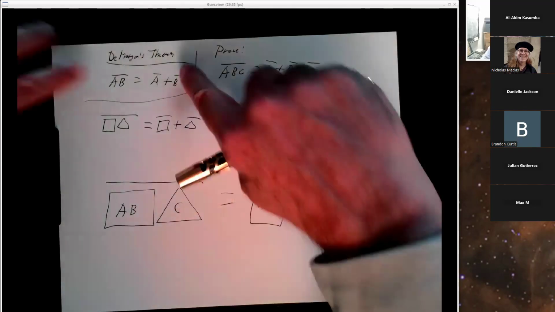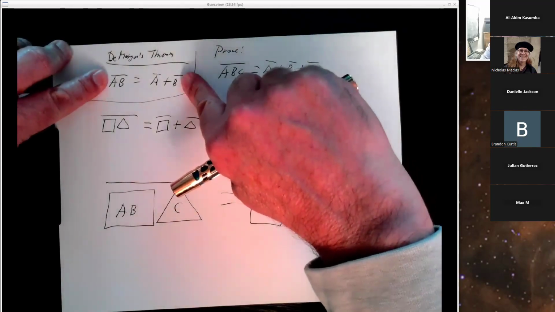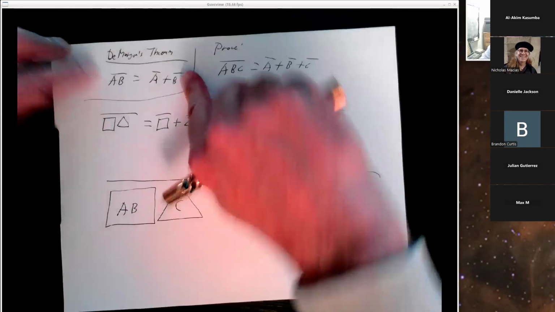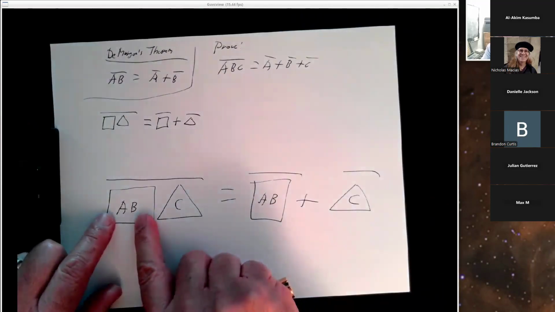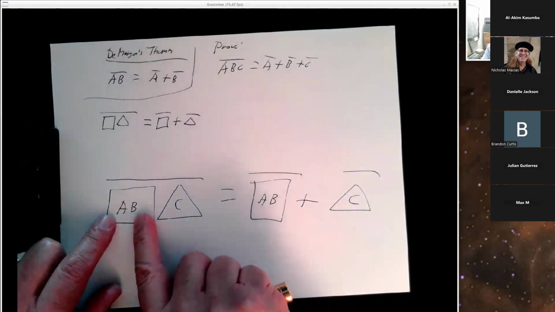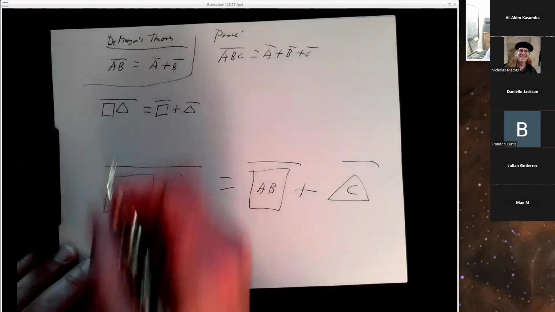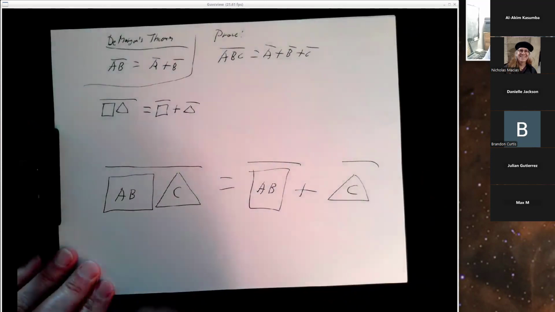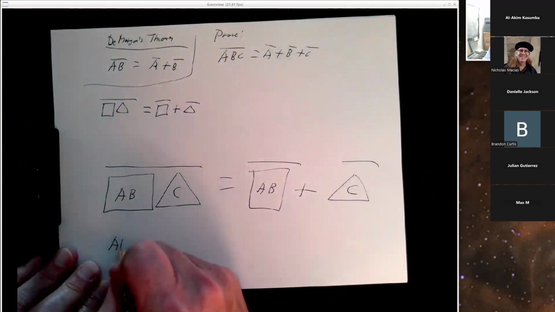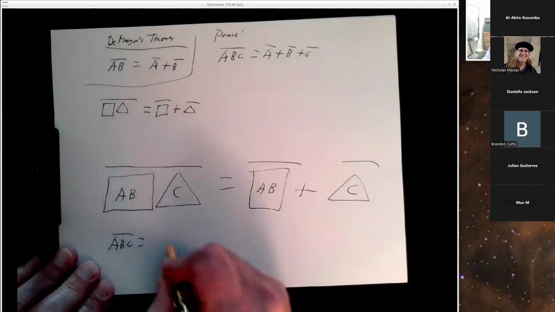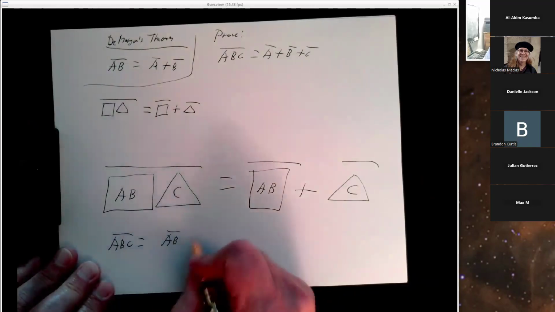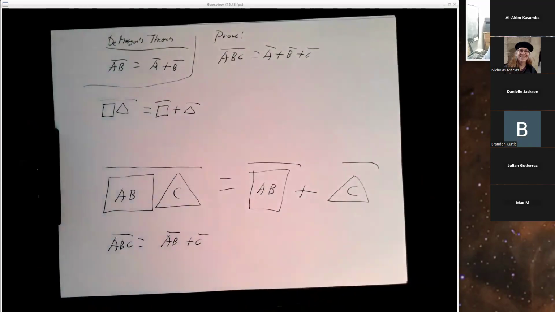So this is just using plain old De Morgan's theorem on two variables, except my first variable is this compound thing, A and B. My second variable is just C. So what De Morgan's theorem on two variables is telling me is this. Right? That's what I get directly from De Morgan's theorem.